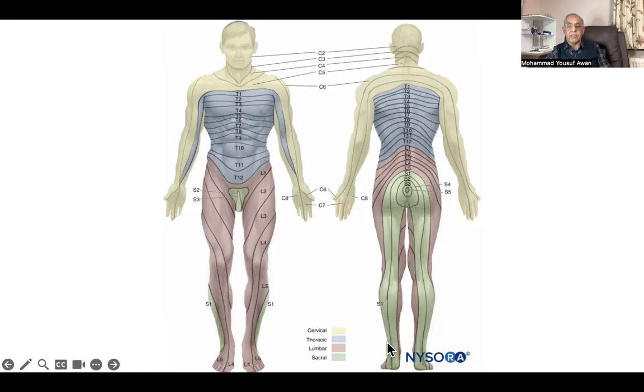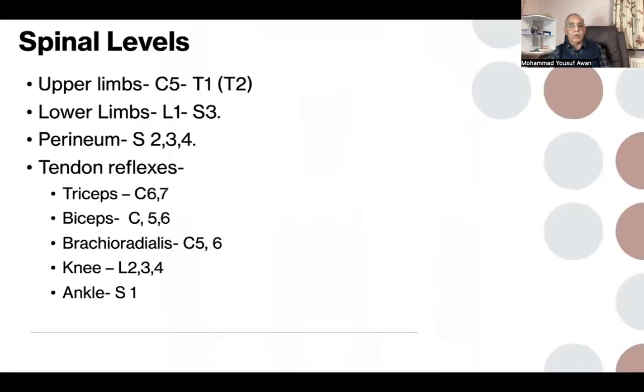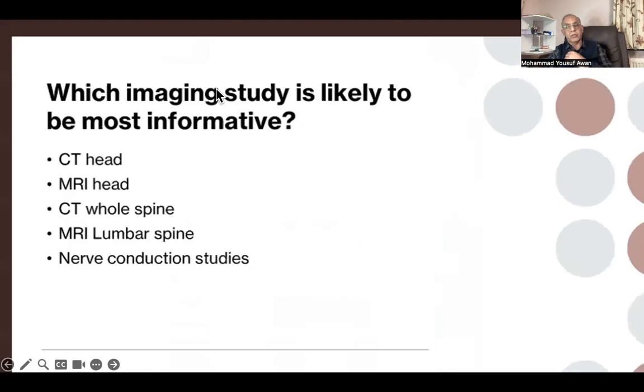The perineum is S2, 3, 4. So from this knowledge, you can localize the lesion in the spinal cord. Let's see how. So upper limb from C5 to T1, up to T2.